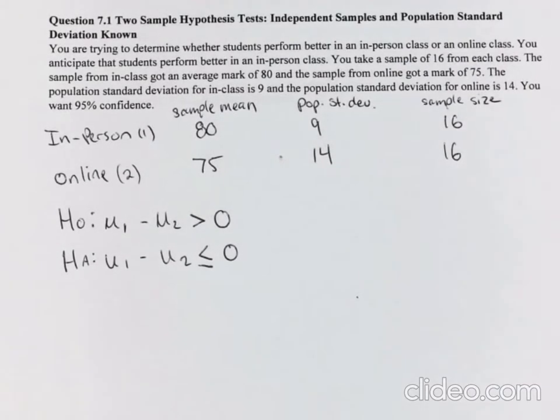We now need to use our equation, which we can do for the two-sample hypothesis test. And we can get this from our formula sheet. So we're trying to determine our probability. To determine our probability, we need the z-score.